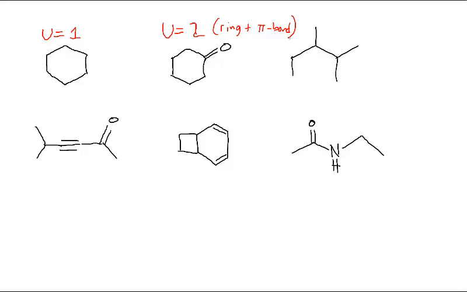This third molecule, 0. That's a completely saturated molecule. This one here, 1, 2, 3, because there are 3 pi bonds.